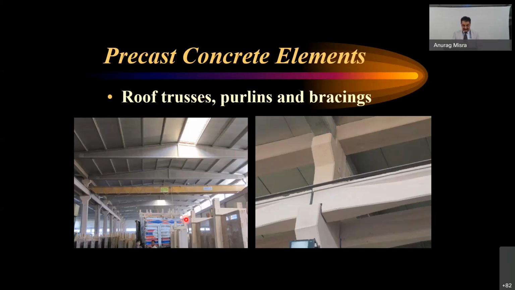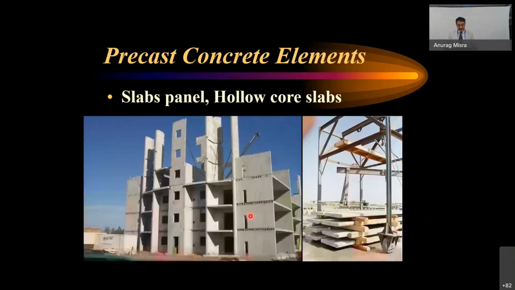So this is exactly replicating the factory building, which could have been made in steel. Now this is in precast. I haven't seen this type of thing, although precast flats are there now. But in factory buildings, I haven't seen it myself in India. This picture I took somewhere outside, I think it was Turkey. They are using it. I saw several precast buildings like that, which are completely concrete.